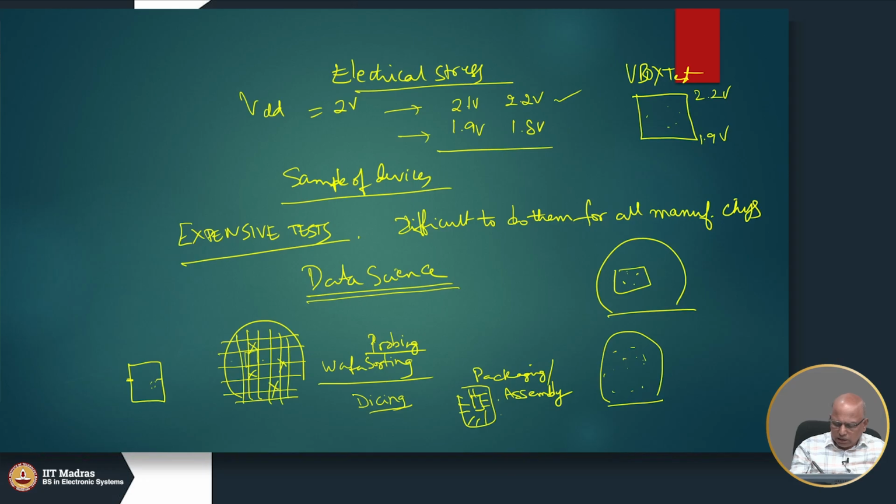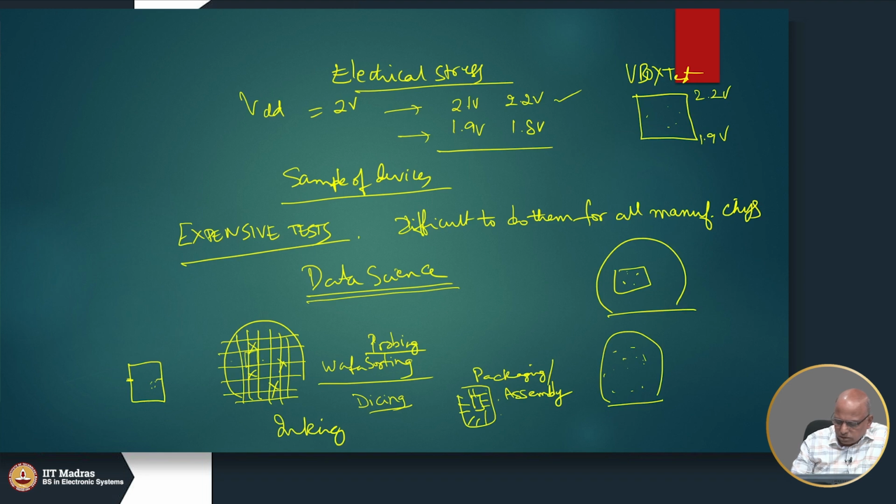This is called inking the wafer. When the pattern comes out, there may be a certain pattern in the failures. That pattern also tells you something about what could be the manufacturing defect.